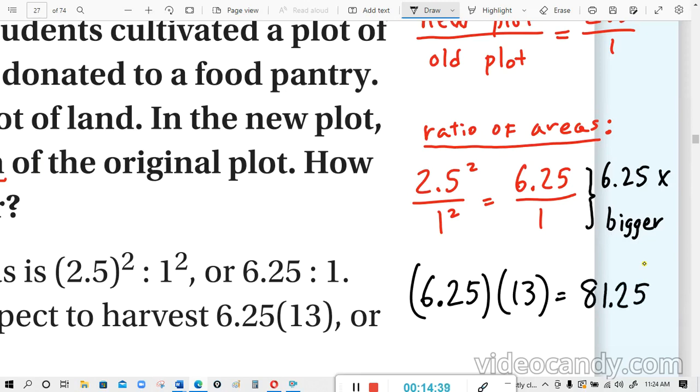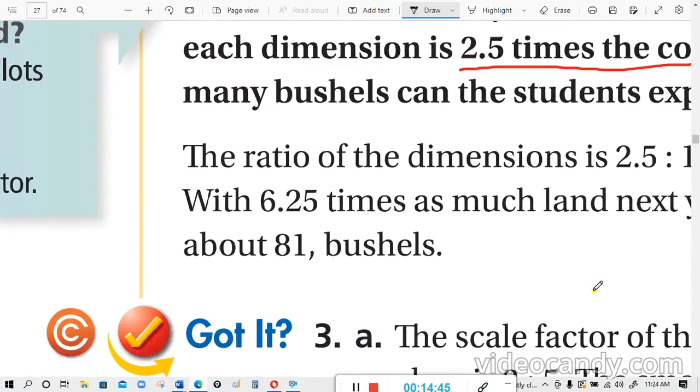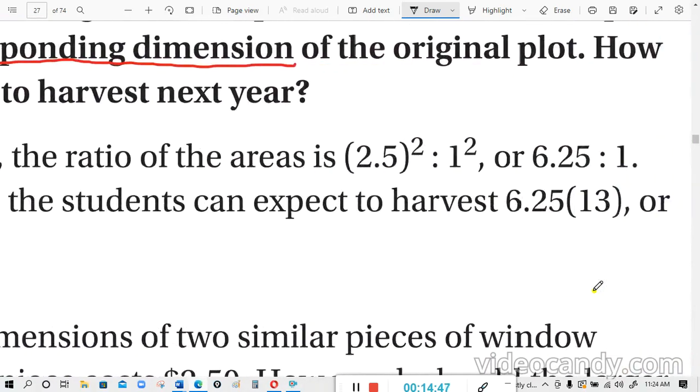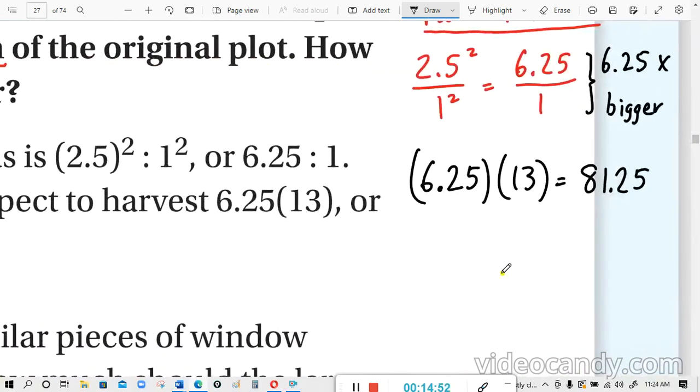I don't know if you can get 0.25 of a bushel, so it'll probably be 81. Yeah, it says students can expect to harvest about 81 bushels. So instead of 81.25, we just round it to approximately 81.